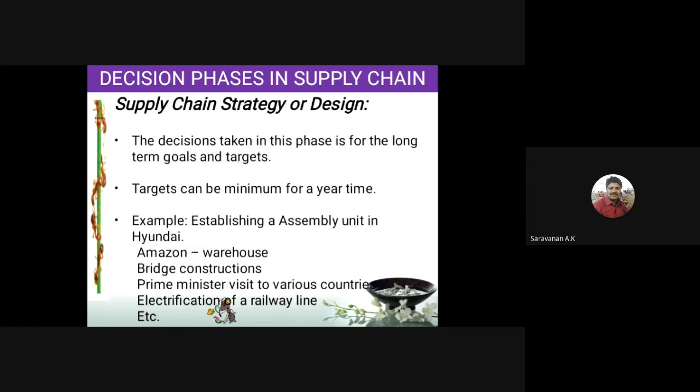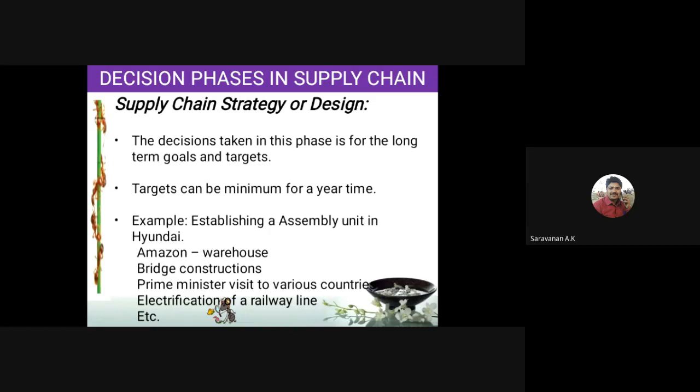Supply chain strategy or design. The decision taken in this phase is for the long-term goal, that is, a decision taken now for things happening after a year or 10 years or 20 years. Let us take an LIC policy.